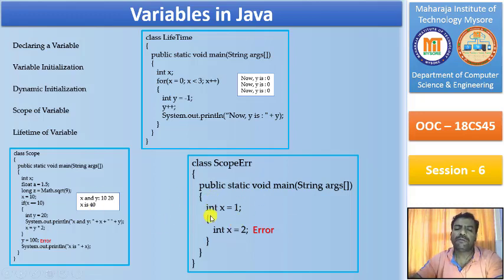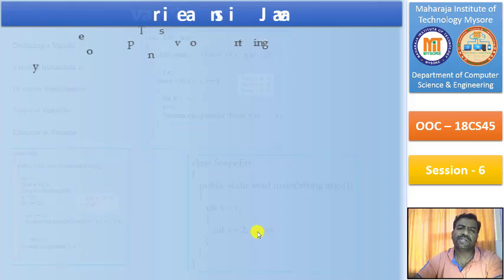But if it's a different block, I can have one block here and another independent block. In another independent block, you can have a variable with the same name, but not in a nested scope. That is how you use variables in Java.